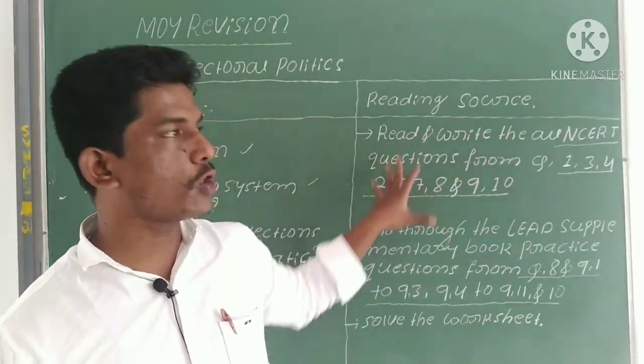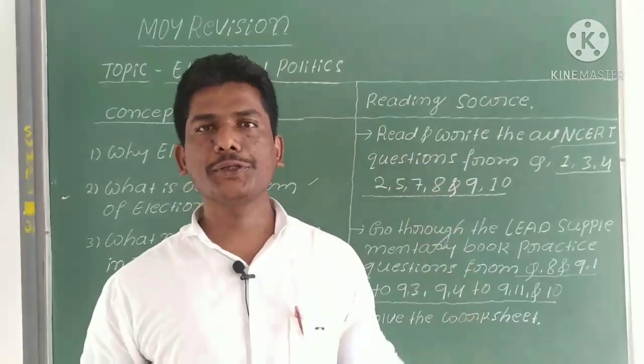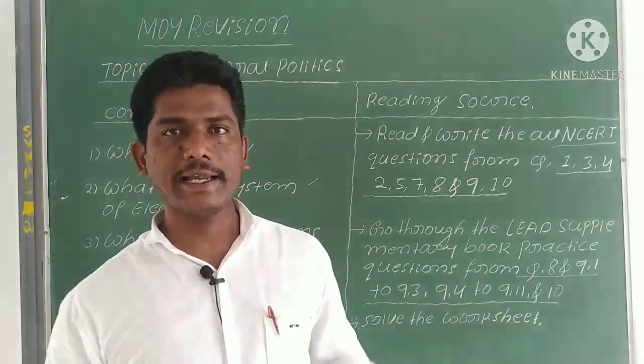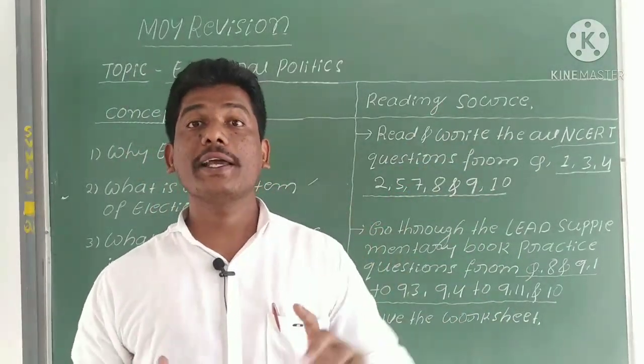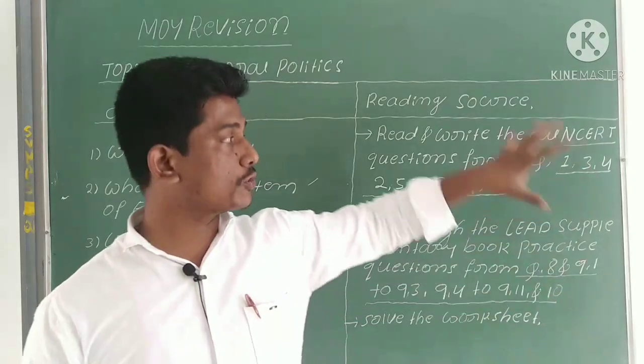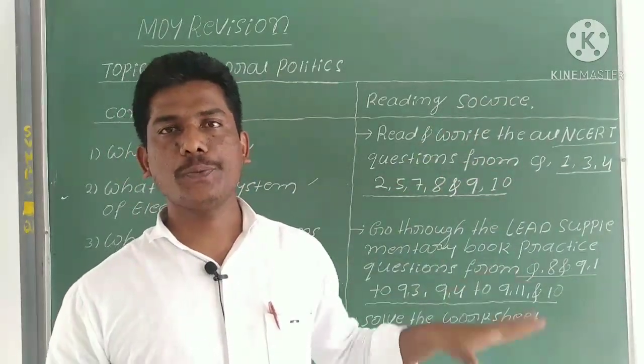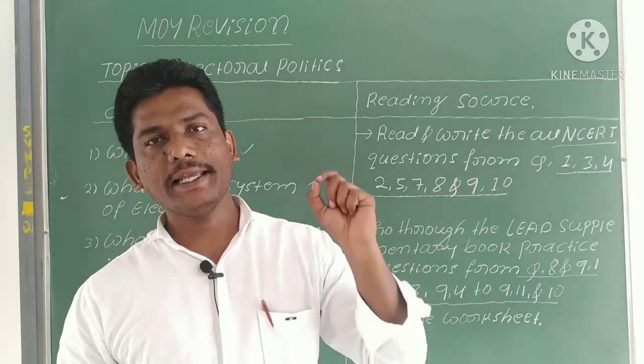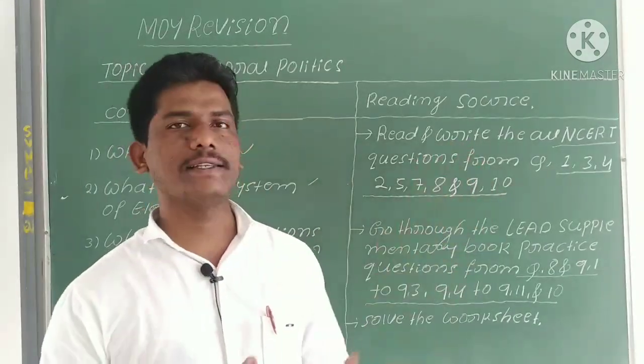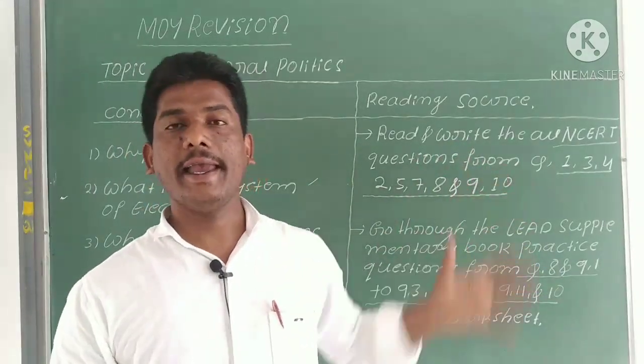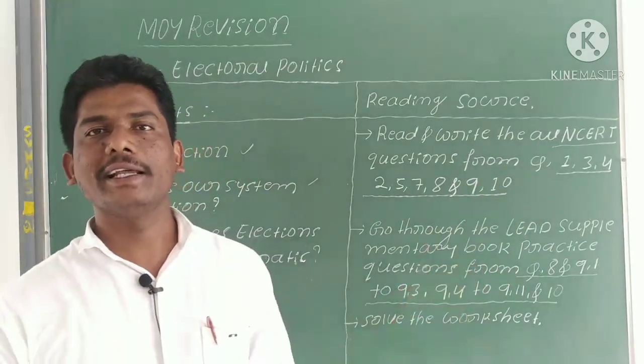After finishing all these questions, recall all the questions and answers once again, because we are now conducting MCQ questions on these long questions. So please try to understand each and every word of the answers in the NCERT solutions and Lead questions.